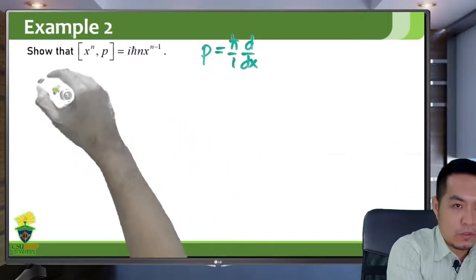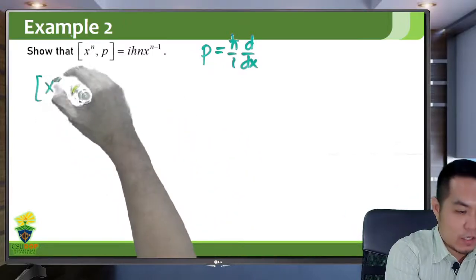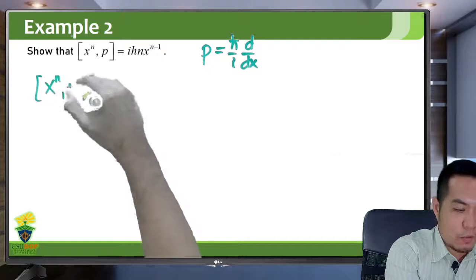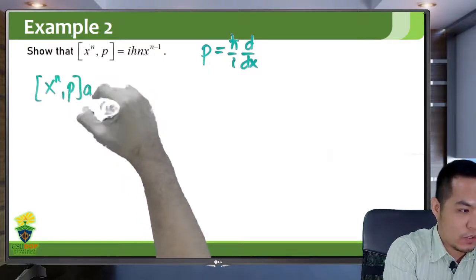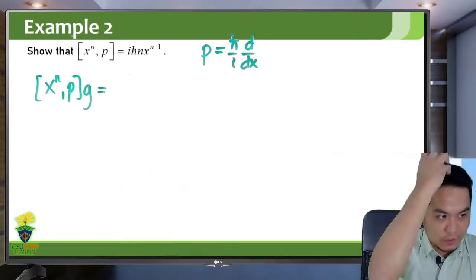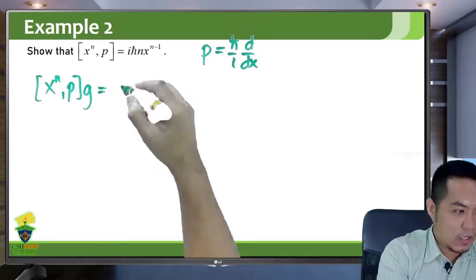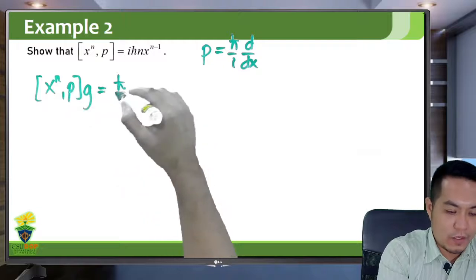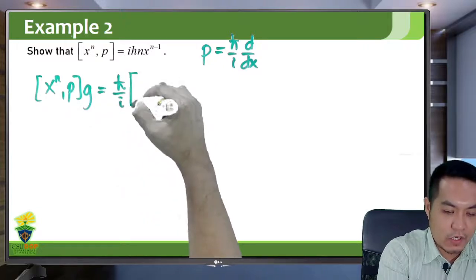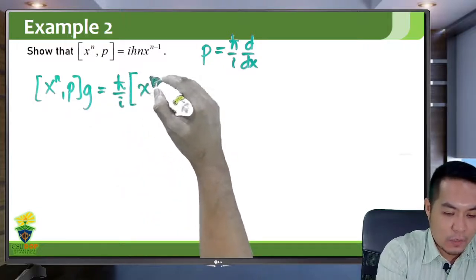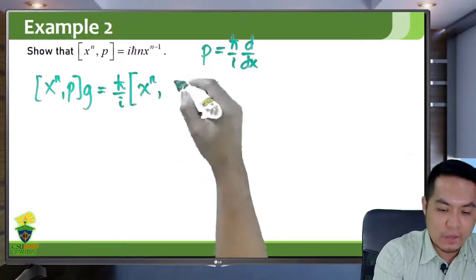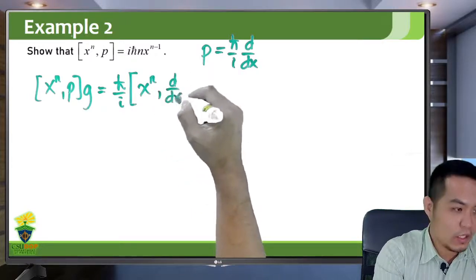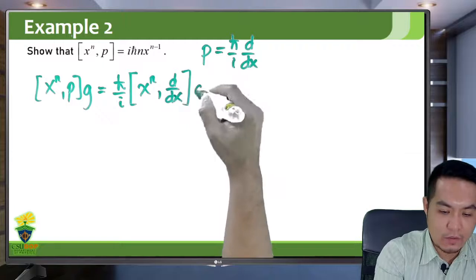So we will try to act these operators on a test function g. Basically, I will just take out the constants for p, h bar over i, since these are not operators, and the operator is just x to the n, and then d/dx acting on g.